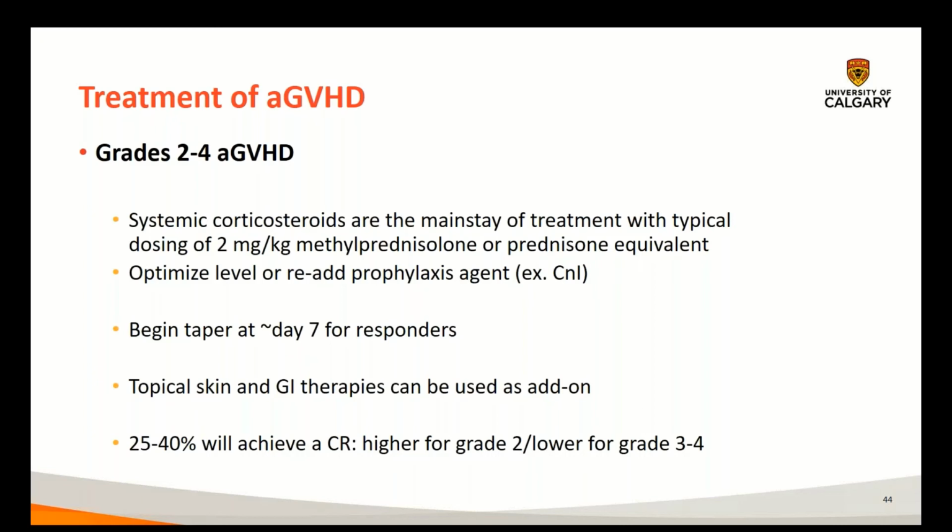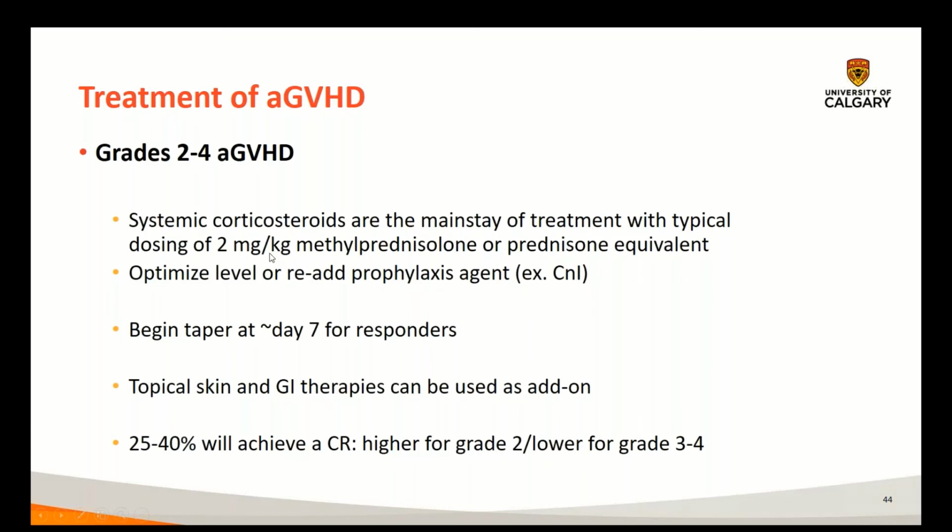With high doses in that 10 to 20 per kilo range, there's been a big risk of opportunistic infections. And with low doses, a couple of studies have showed that patients eventually may need to be upgraded on their dose anyways. And so it seems like the nice place to start is something around 2 milligram per kilogram.